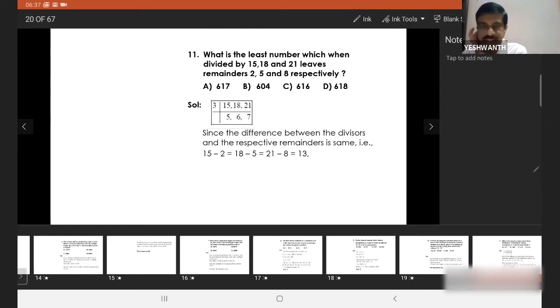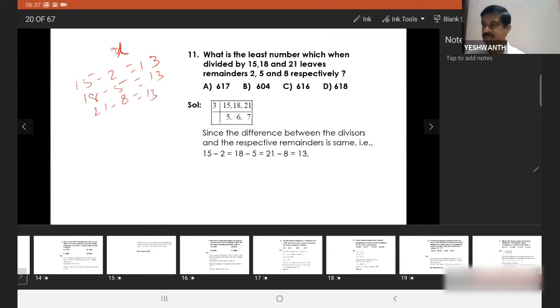So 15 minus 2, because you see here, the least number which when divided by 15, 18, 21, there is some number, let us call it x. Same type of problem we did most probably 2 problems back. So the difference, 15 minus 2, is 13. 18 minus the remainder 5 is 13. 21 minus 8 is also 13.